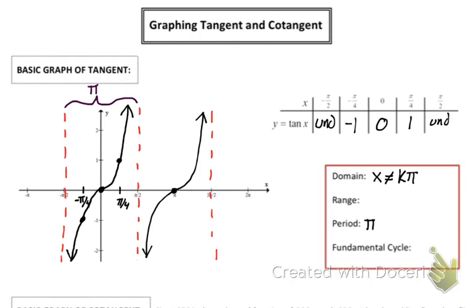So we're going to take that k times pi and shift it however many units I need to. And to get from here to here, I'm just going to subtract pi over 2. So it is k times pi minus pi over 2, just to give that little kick over.